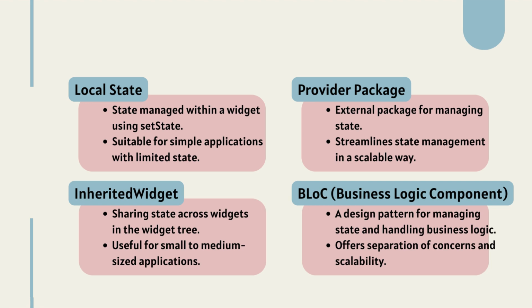Inherited widget is sharing state across widgets in the widget tree. It's useful for small to medium sized applications, and the business logic component is a design pattern for managing state and handling business logic. It offers a separation of concerns and scalability.